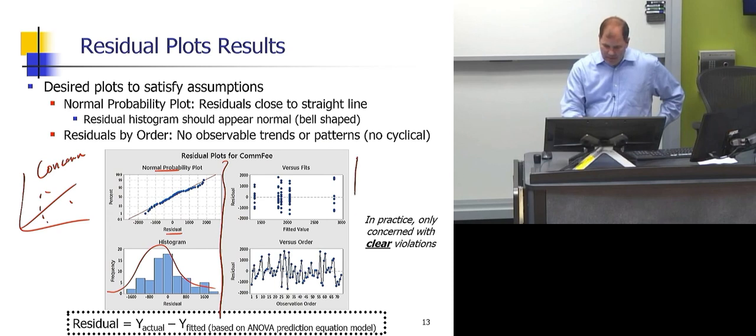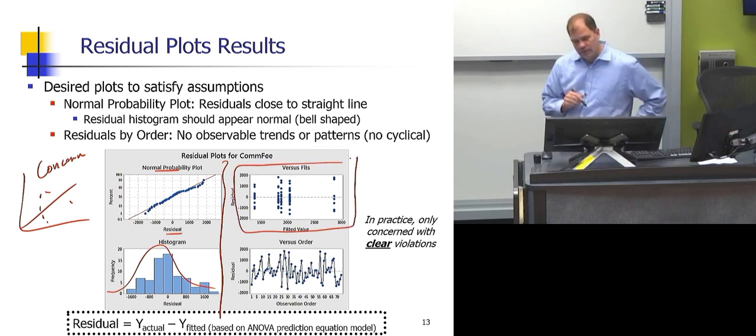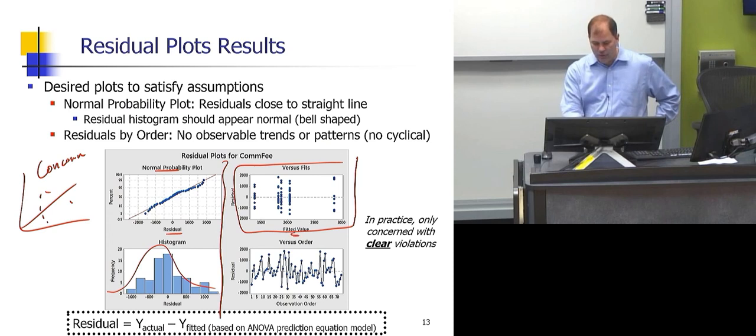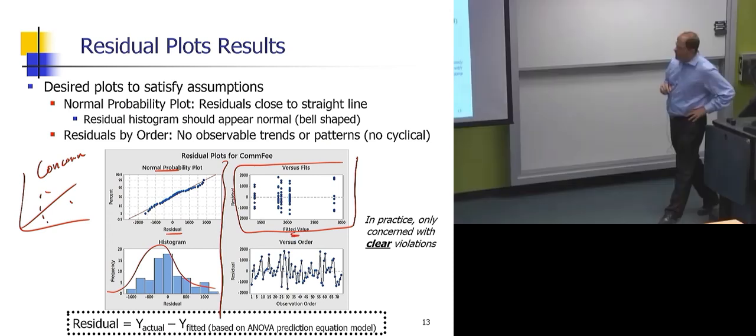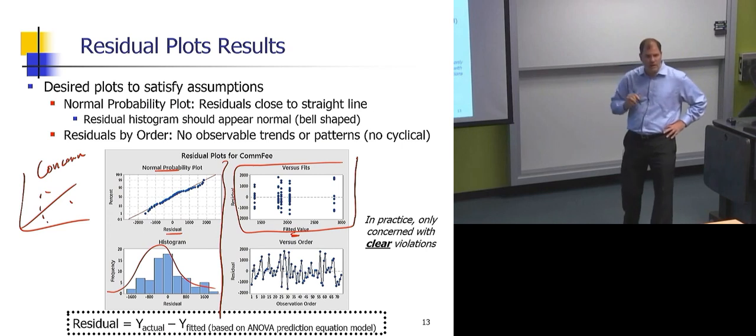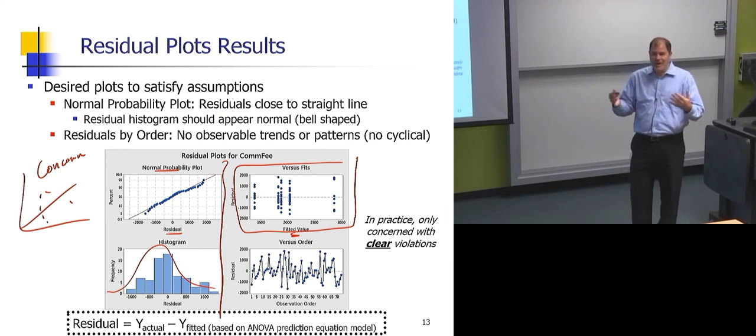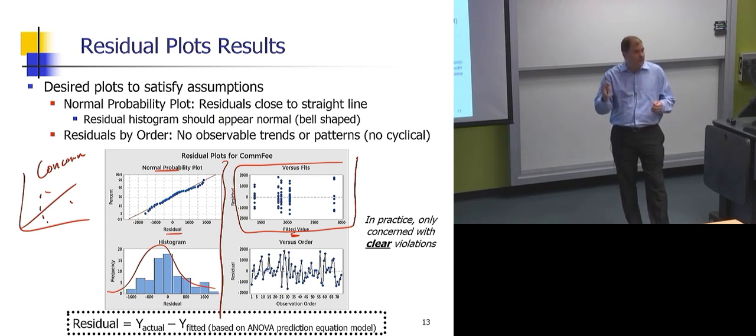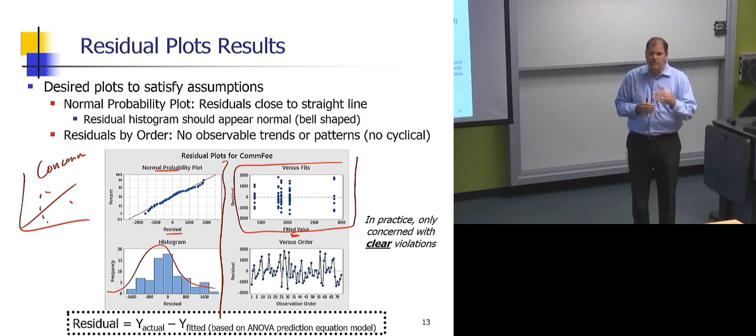By the way, if you look at this graph over here, this is a graph of the fitted value versus the residual. If you look at that, how many columns of data do we have? How many fitted values do we have? 5. Why do we have 5 fitted values? 5 factors. We have 5 groups, right? When you have 5 levels or 5 unique groups or 5 unique X values, you'll get 5 different columns.